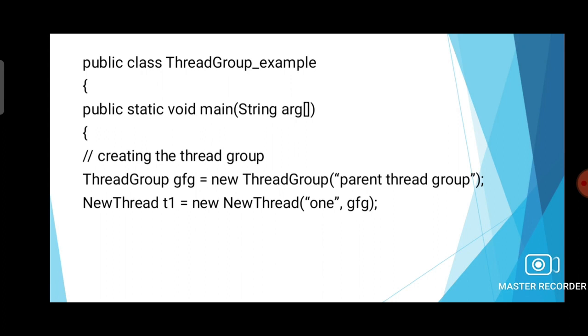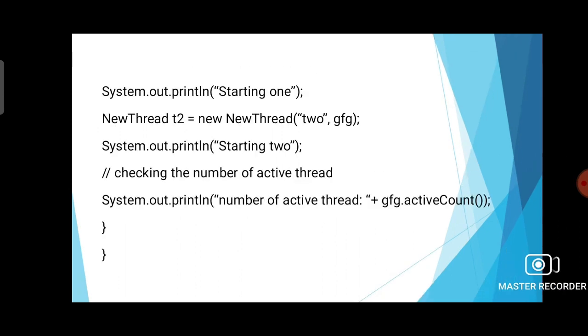The first one is the name of the thread, which is "one", and the second parameter is the thread group object. So we are grouping T1 under the group GFG, the parent thread group.